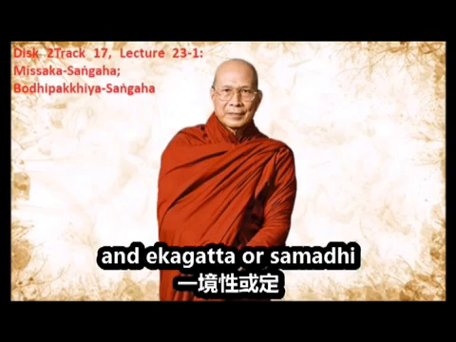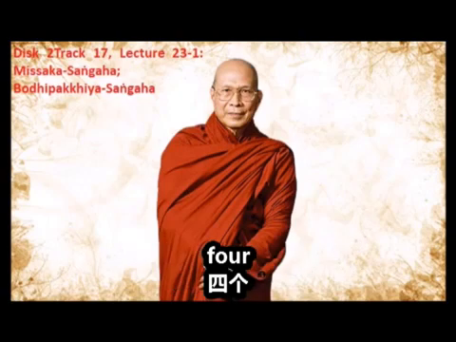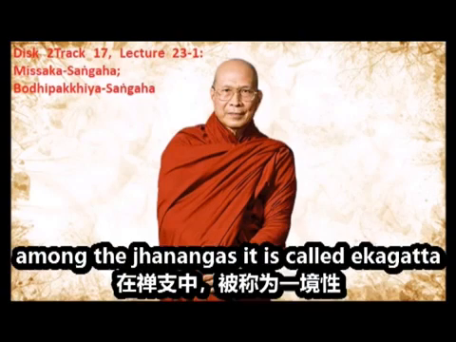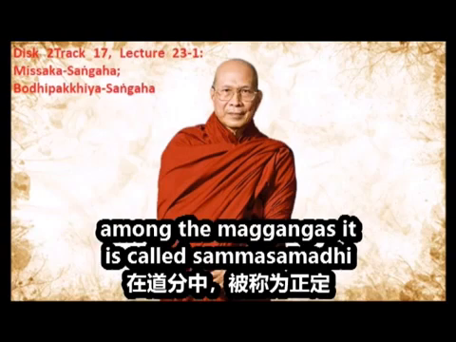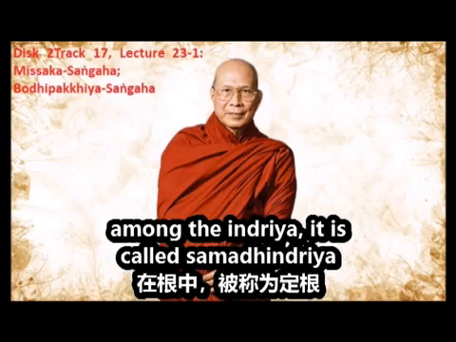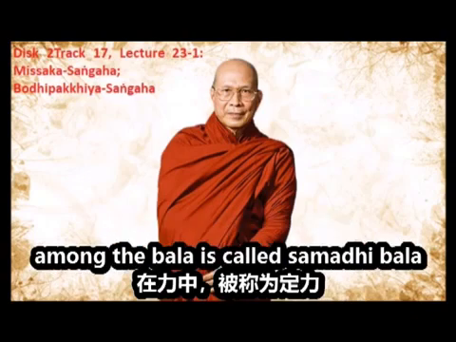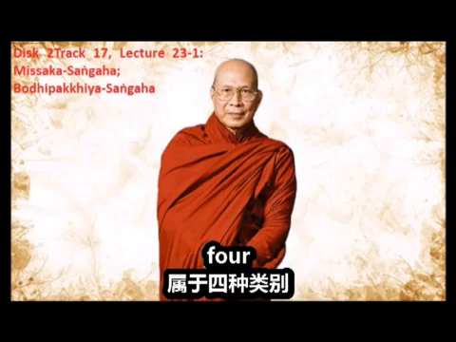And Ekagata or Samadhi, 4. Among the Jhanangas, it is called Ekagata. Among the Maggangas, path factors, it is called Samma Samadhi. Among the Indriyas, it is called Samadhindriya. Among the Bala, it is called Samadhi Bala.